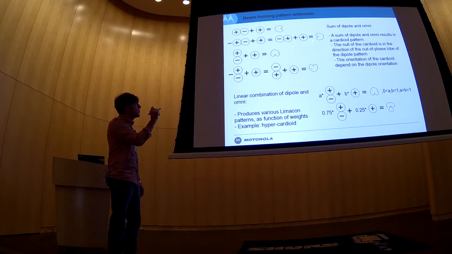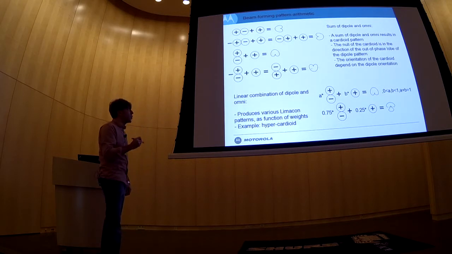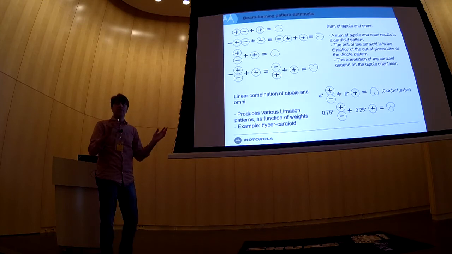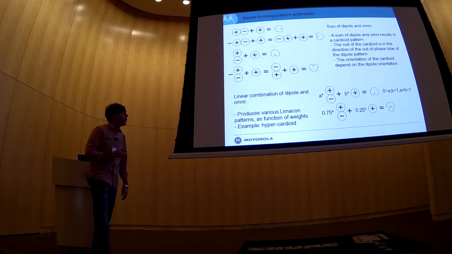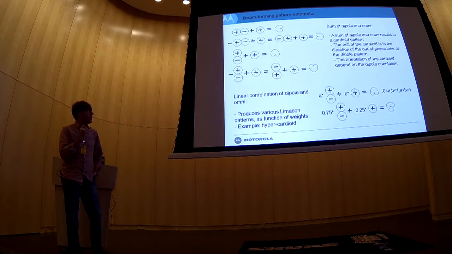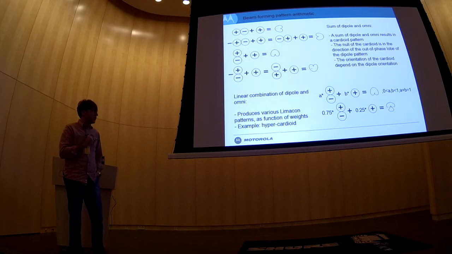We can produce a cardioid by reversing the polarity of the dipole. We can produce a cardioid with the null facing the opposite way. So we can produce a lot of this just by summing the different component signals. Now, the other interesting thing to notice is that the amount of dipole and omni signal that we get will determine what the actual directivity of the composite signal will be.